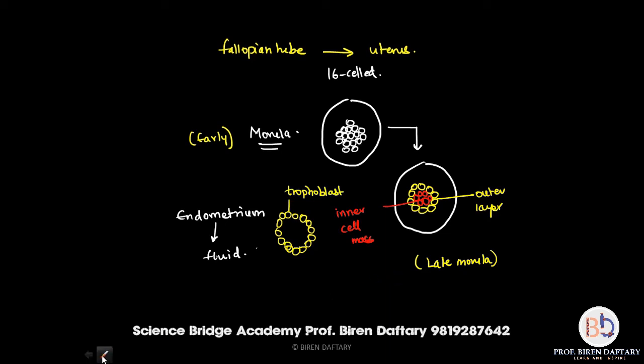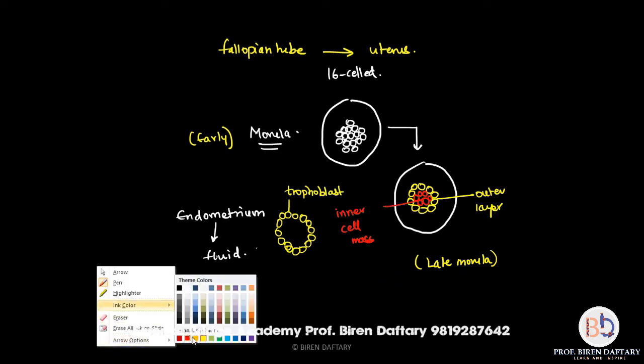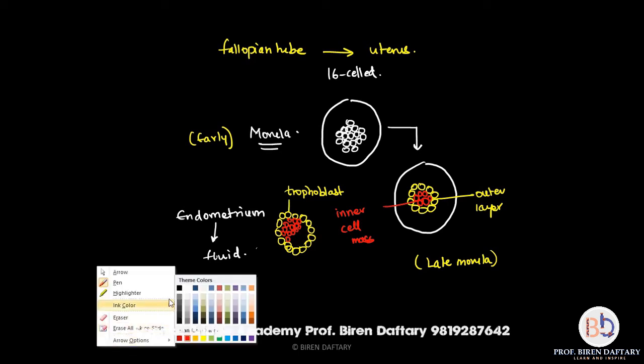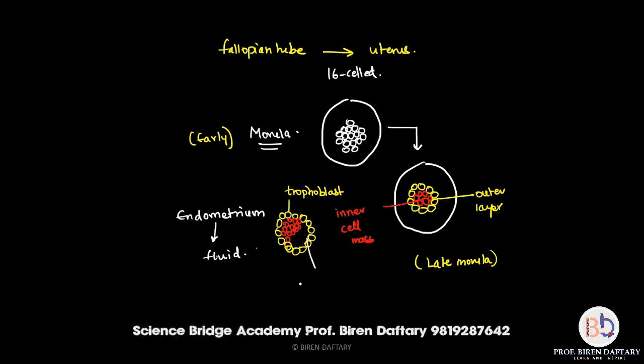And they keep on absorbing the liquid secreted by the endometrium, the inner wall of the uterus, and the inner cell mass moves to one end of the trophoblast cells, and there is a cavity created over here. That cavity is called the blastocele.